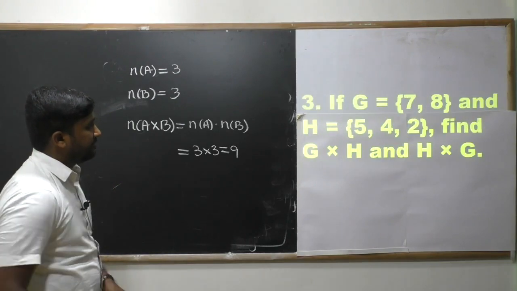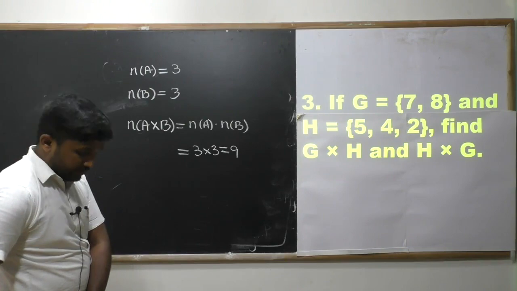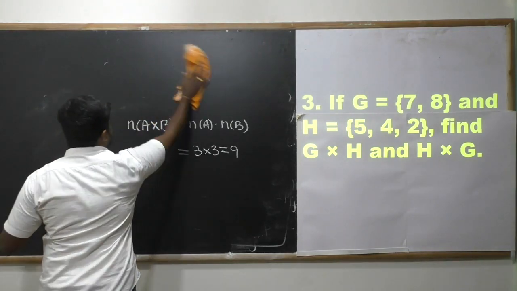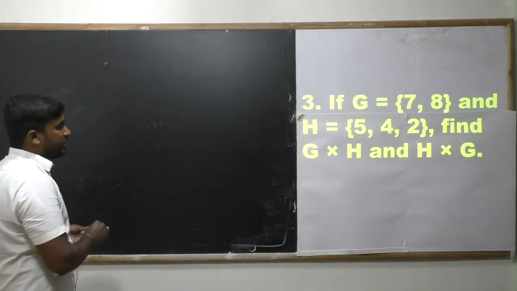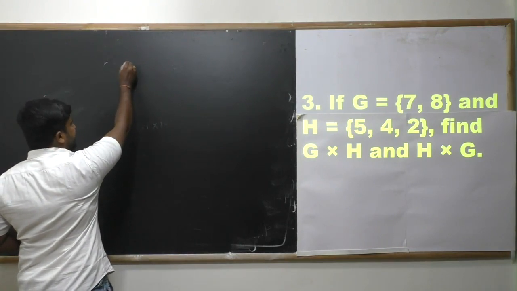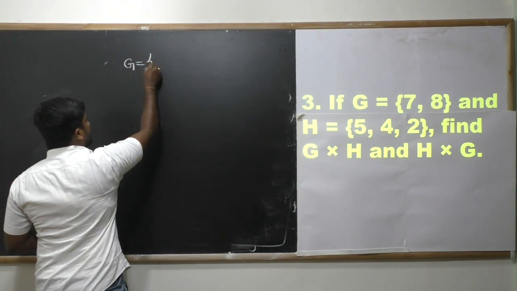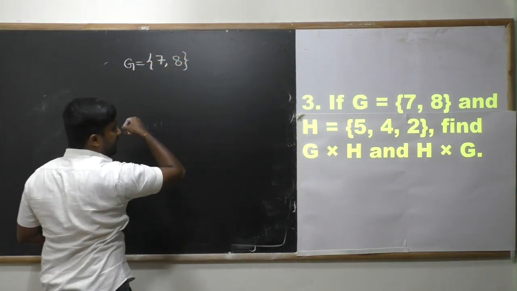Problem number 3. Very simple question. Here they have given 2 sets, G and H. The question is to find G cross H and H cross G. Here G is equal to the set with elements 7, 8.